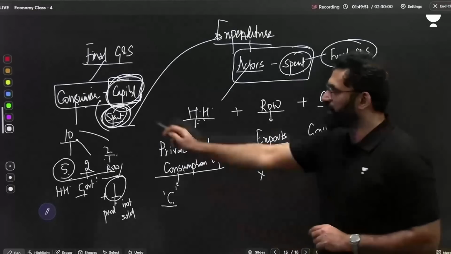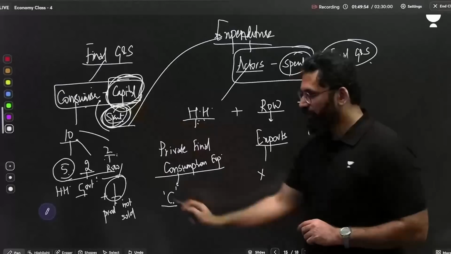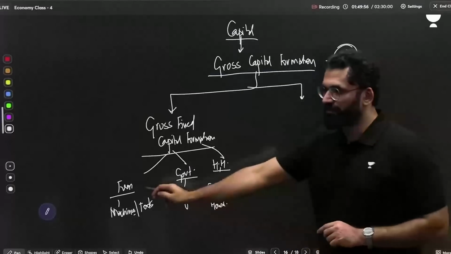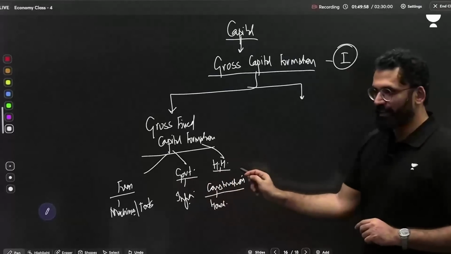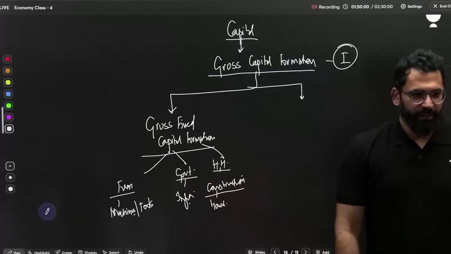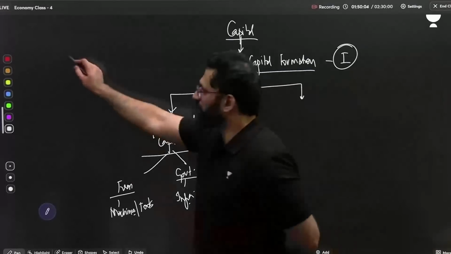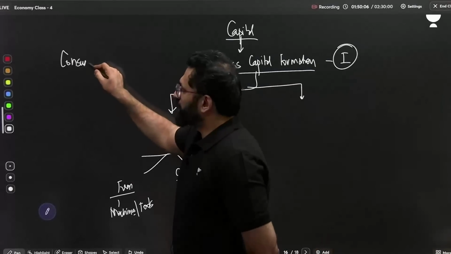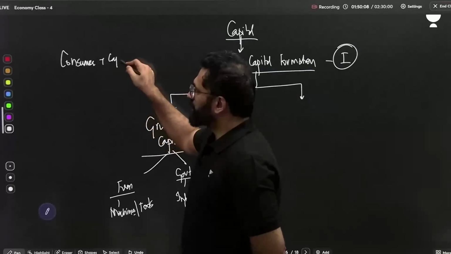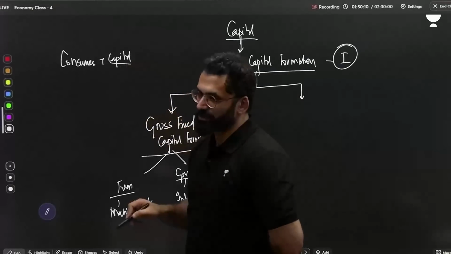Now what is the second element here? I have counted all the capital goods created. Some capital goods by firms, some by government, some by households, all capital goods included. Now one thing that is left is one consumer good. My economy has produced consumer goods and has produced capital goods.